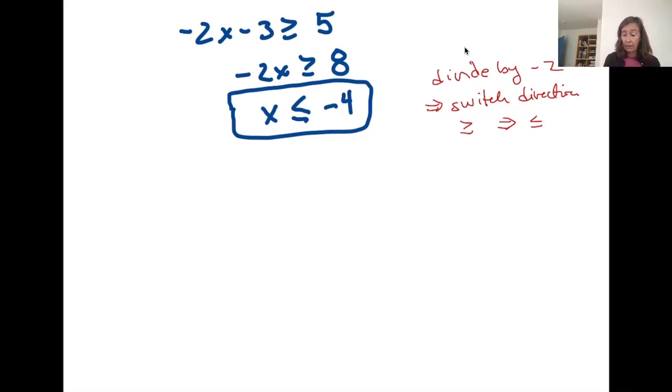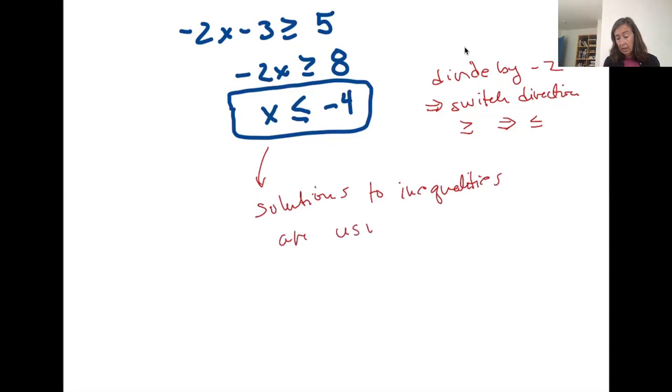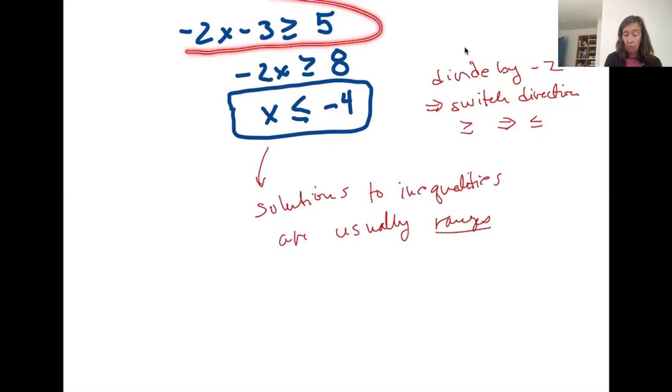So the final thing to observe here is that the solutions to inequalities are usually ranges. So not just one particular value for x, any value of x that would be less than or equal to -4 would make this first inequality true.